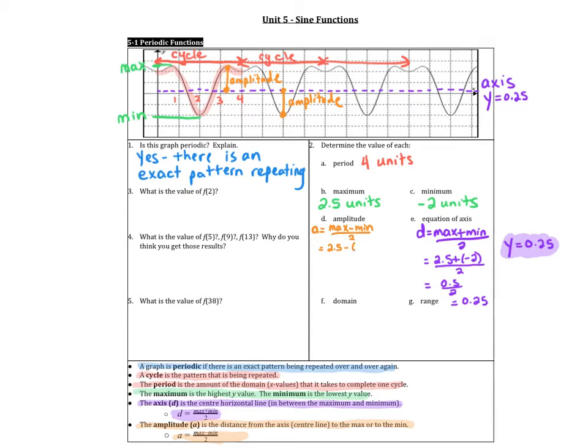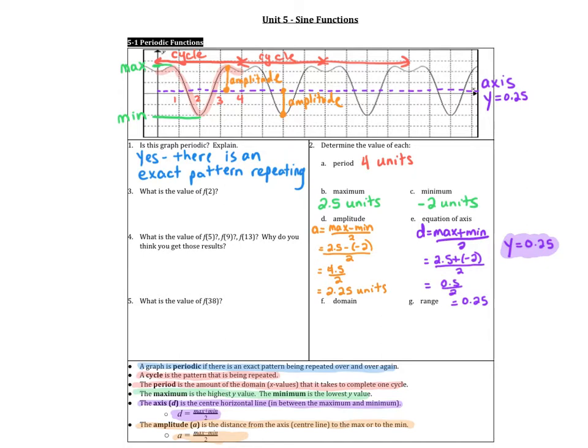Subtract the min, which is -2, divided by 2. And when you subtract a negative here, this becomes a plus. So 2.5 plus 2 is 4.5 divided by 2. And that makes 2.25 units. So that is the amplitude.